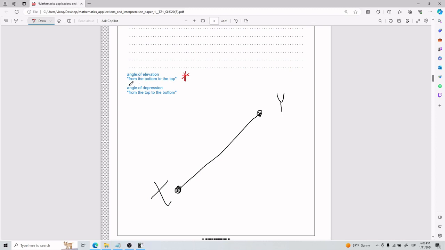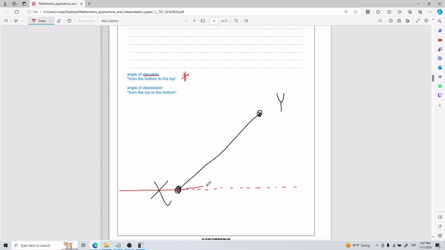If angle of elevation is from the bottom to the top, you can think about it as an elevator. You take an elevator to reach a higher floor. So you would ask, what is the angle of elevation from X to Y? That means you draw a flat line on X, and you think, how many degrees do I go up until I reach Y?